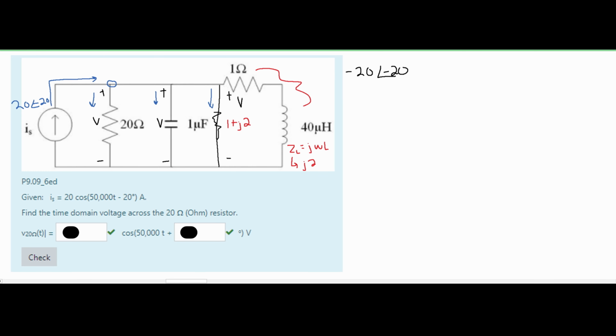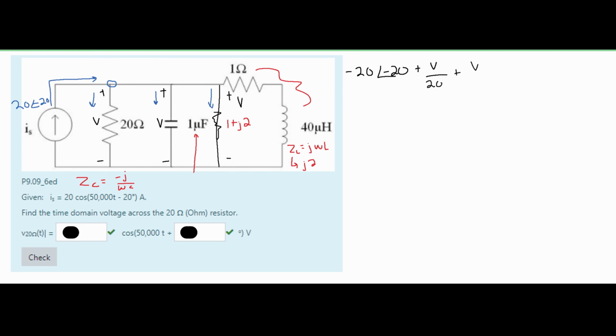So after this current is here, we're going to have a plus V over 20, and then we will have a plus V, and we need to convert this capacitor, which I have not done yet. And the conversion for a capacitor is that we will have a Z of C equal to a -J over omega times C. We know our omega is 50,000, so we will have a -1 divided by 50,000 times our capacitor, which is just 1 microfarads.